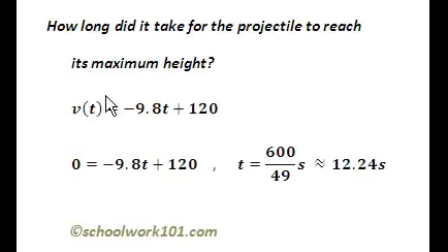So how long did it take for the projectile to reach its maximum height? That means that's when velocity is 0, and we just set it equal to 0 and solve for t. So it took 12.24 seconds to reach its maximum height.